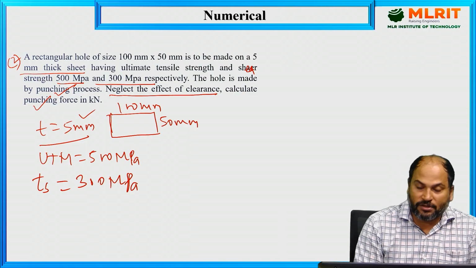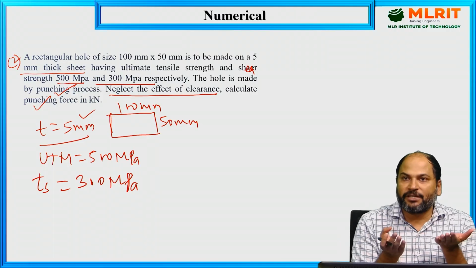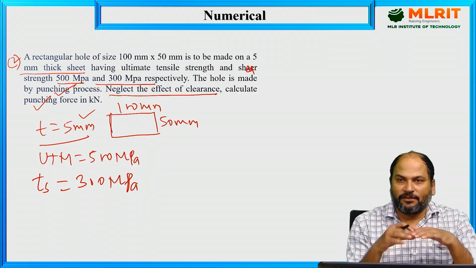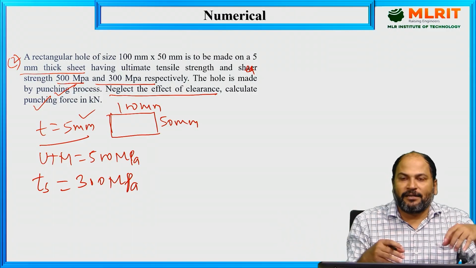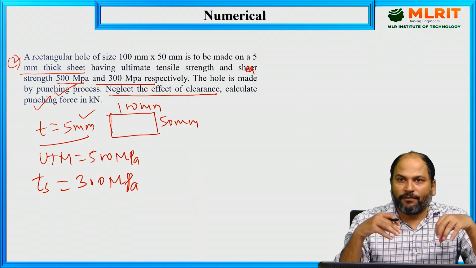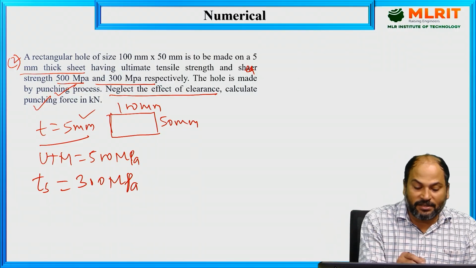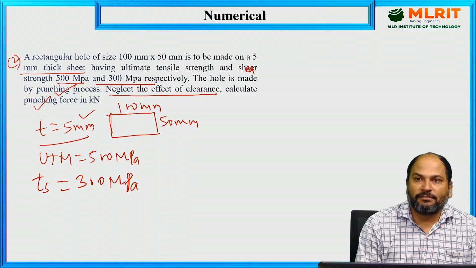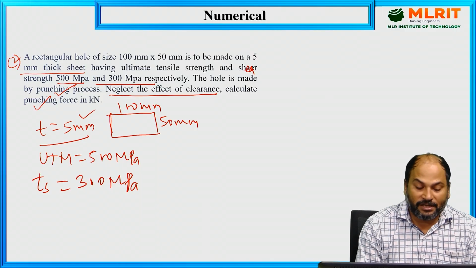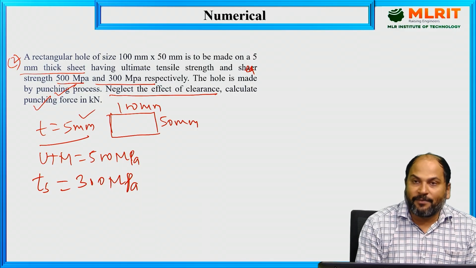So what is the question? The question is, we have a sheet, a long sheet suppose, and from that, through the punching operation, we are punching out a rectangular hole. The dimension of this rectangular hole is given. What is the dimension? It is 100 mm by 50 mm.